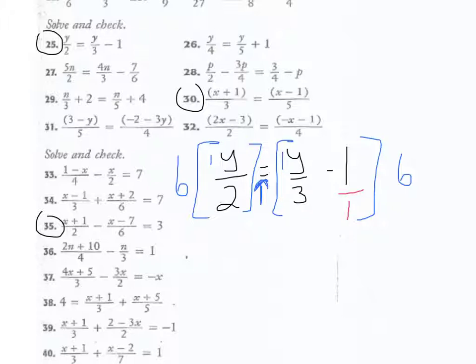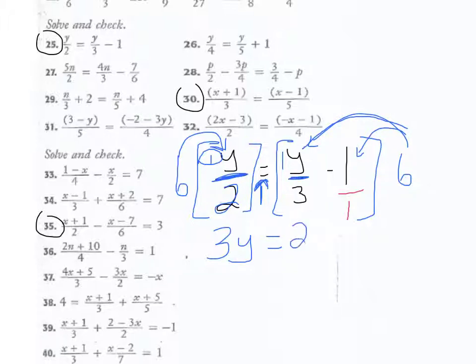I'll use my distributive property, and I get 6 times 1 is 6, divided by 2, and I get 3y's left over. And that's going to equal, distributive property, 6 times 1y is 6y, divided by 3 is 2y, and then 6 times a negative 1 is negative 6, and I don't have to worry about this because anything divided by 1 is the same number.